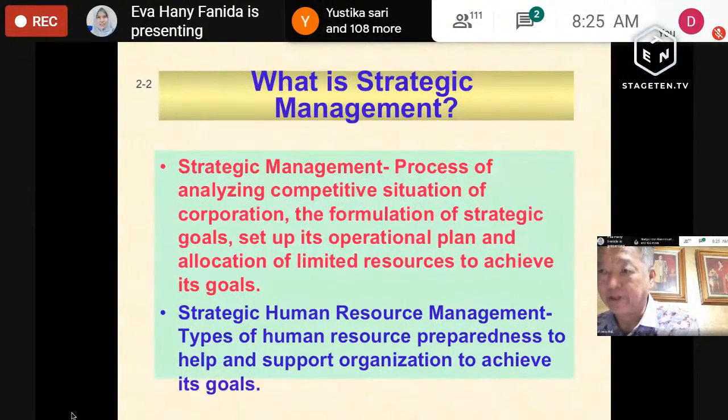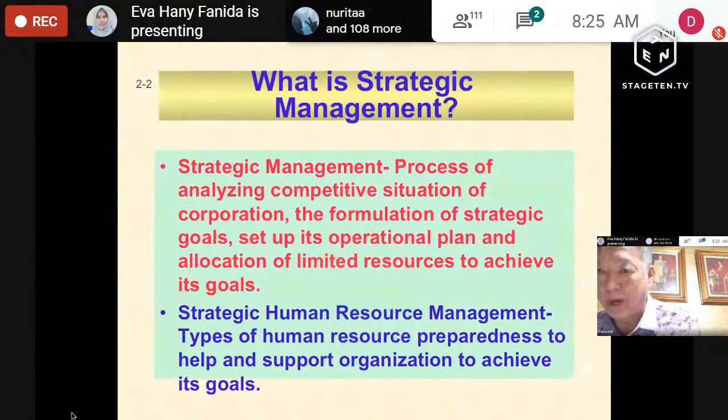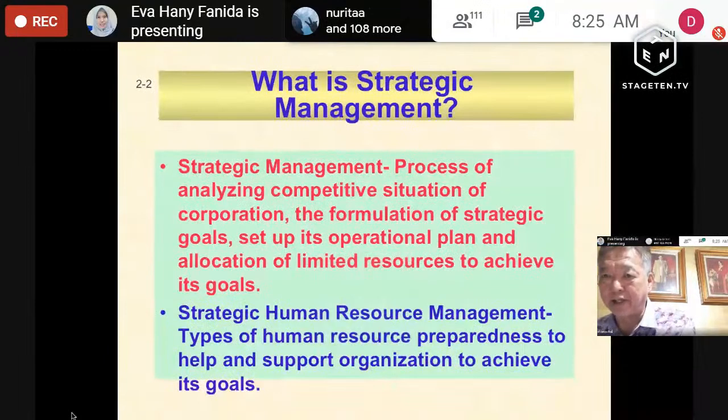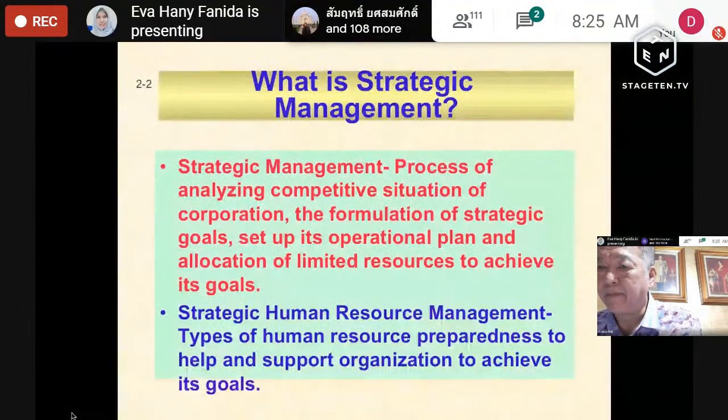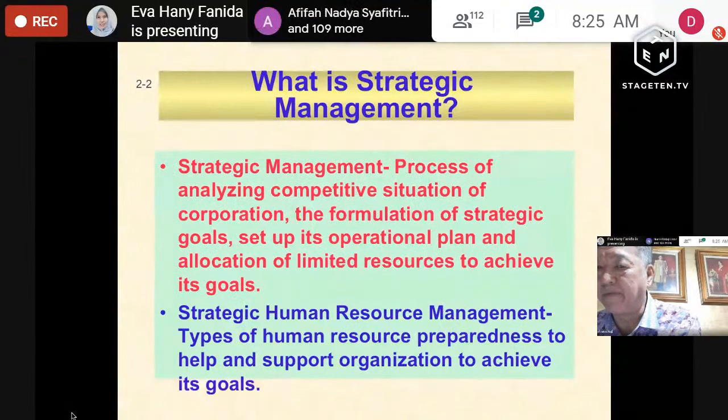It's a big subject, okay? When you want to learn this, it is one whole subject. Then we come to the word strategic human resource management. It means types of human resource preparedness to help and support the organization to achieve its goal.